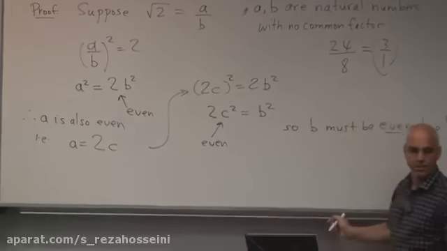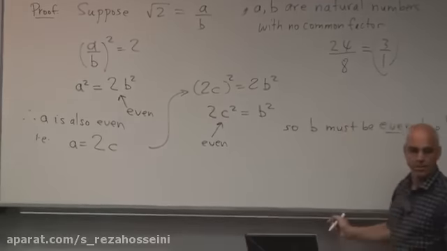So what can we conclude? We now know that a is even and b is also even. That contradicts our original assumption that they had no common factor. We assumed to begin with that they had no common factor, so 2 cannot be a common factor.